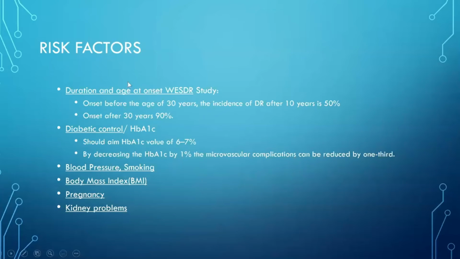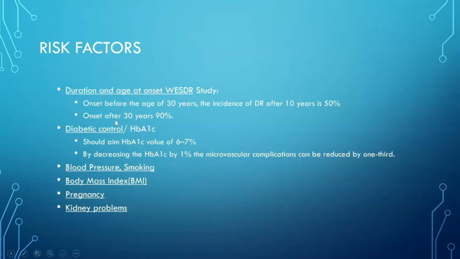So what are the risk factors? The important things are the duration and the age at onset. A Western study mentioned that if the onset is before the age of 30, the incidence of diabetic retinopathy after 10 years is around 50%.